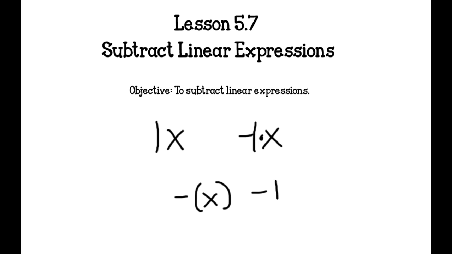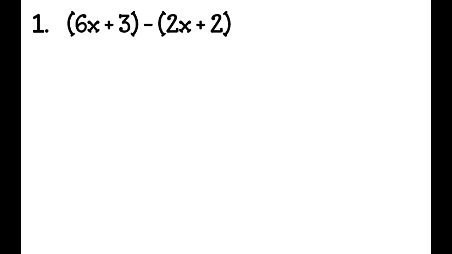It would be negative 1 times that x that's in parentheses. So that will apply for sure as we start 5.7. If you are still struggling on distributive property, stop, go watch the distributive property video, which is 5.5, and then come back and watch this.